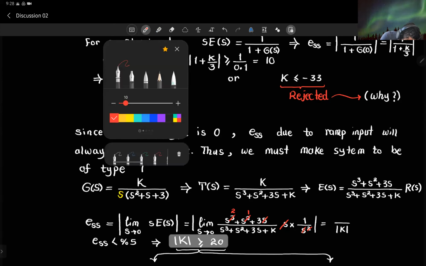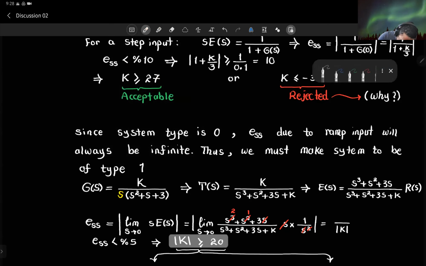All right, so yeah, there we are. So this is 3, right? Because we will have here s squared plus s plus 3. So this is 3 divided by the absolute value of k.